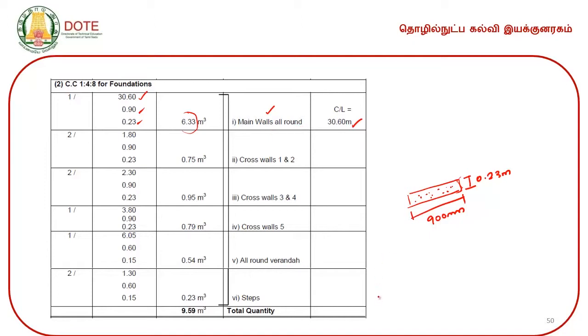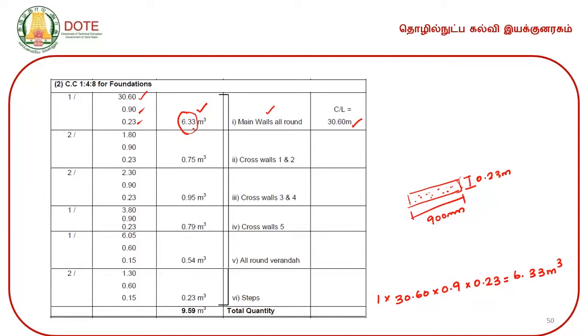So 1 into 30.60 into 0.9 into 0.23. What is the answer? 6.33 m cube. Now we have calculated main wall all around. The total quantity is 6.33 m cube.